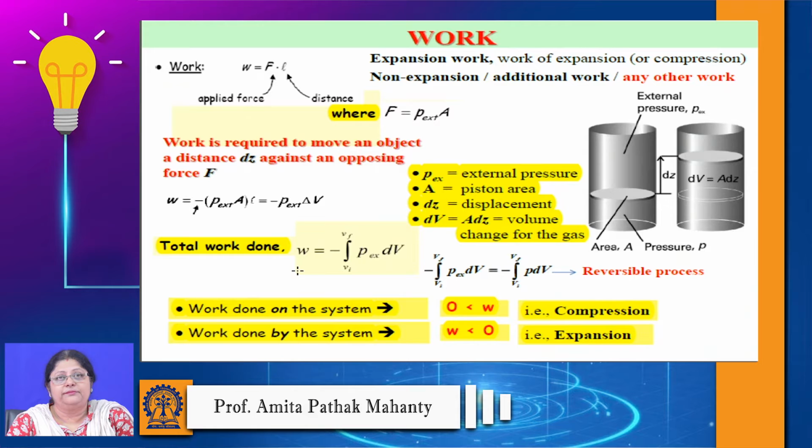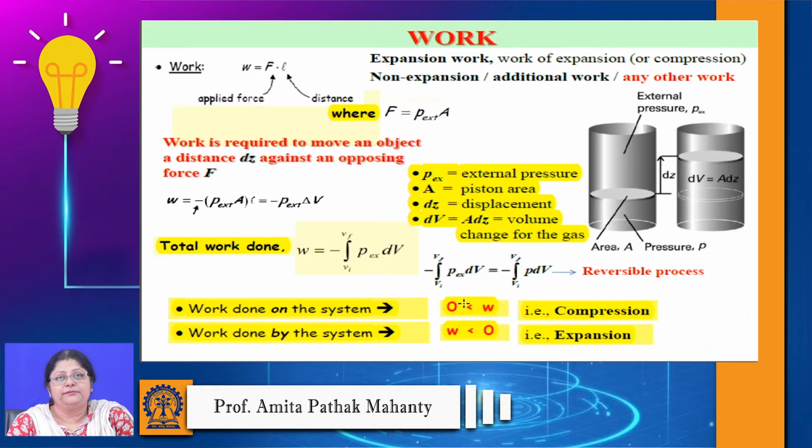Whenever we have infinitesimally small changes in the process taking place, the pressure and volume keeps changing, and the changes are so small that we can call it a reversible process. So we can say that this work which we have got, integration from initial to final volume over the P external dV with a negative sign, is the representation of a reversible work. So the work done in a reversible process is nothing but the integration of PdV.